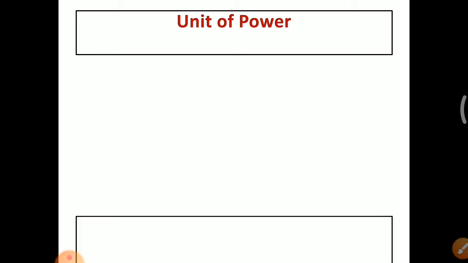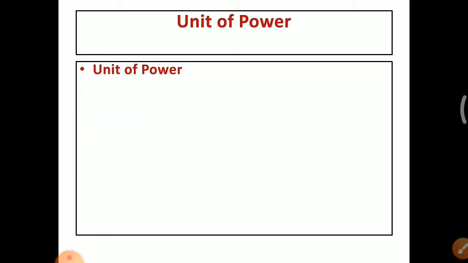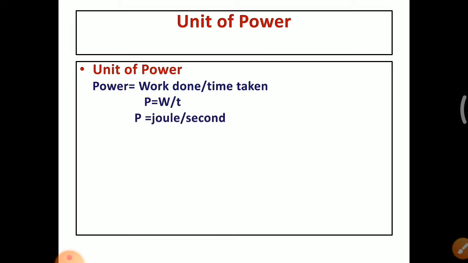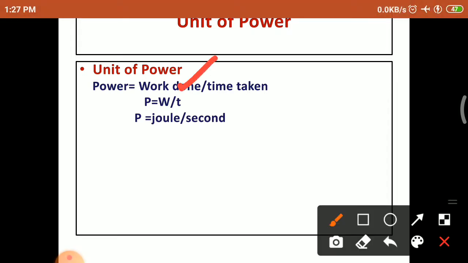The next one, unit of power. How to calculate the unit of power? You know the formula, power equal to work done by time, P equal to W by T. The unit of work done is joule, and the unit of time is second.